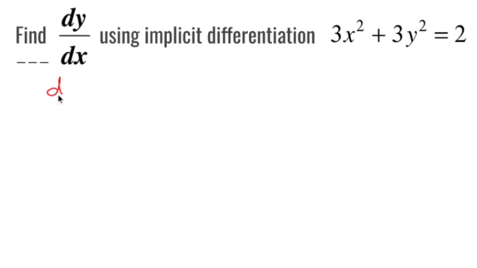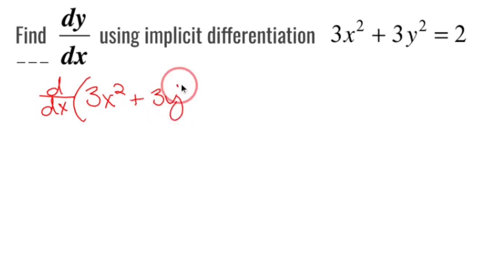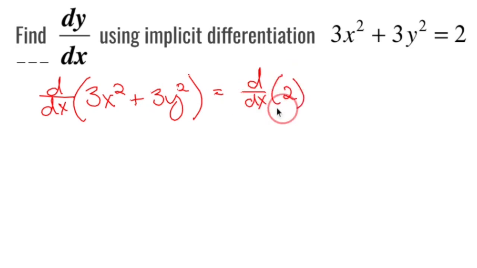I'm going to take the d dx of both sides, so 3x squared plus 3y squared equals the d dx of 2. The derivative of 3x squared with respect to x is going to be regular 6x, the regular old derivative just like we're used to.